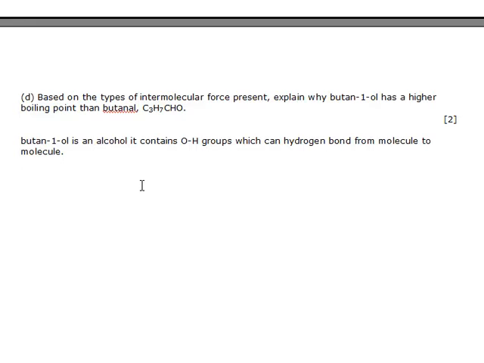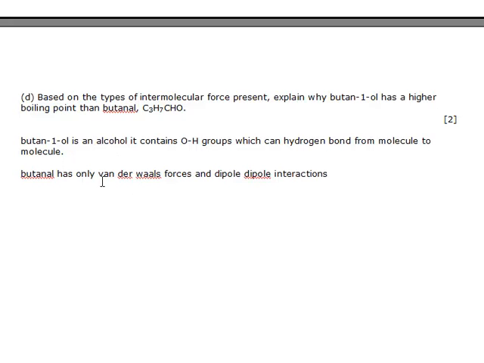But butanal cannot do this. It's an aldehyde. It doesn't have any hydrogen attached directly to an electronegative atom. Butanal has only van der Waals forces and dipole interactions.